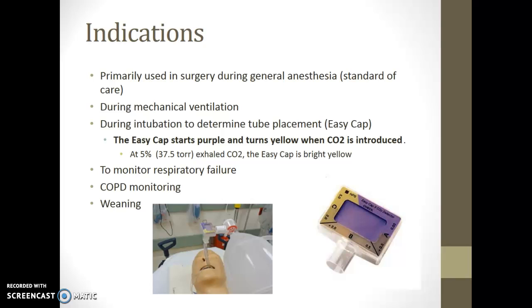The EZ-cap will start purple when you take it out of the package, and then it will turn yellow when carbon dioxide is introduced. At 5% exhaled carbon dioxide, which equals 37.5 torr, the EZ-cap will turn a bright yellow. To turn your percentage into torr, you would take your percentage times 7, which we'll talk about a little later in the unit.